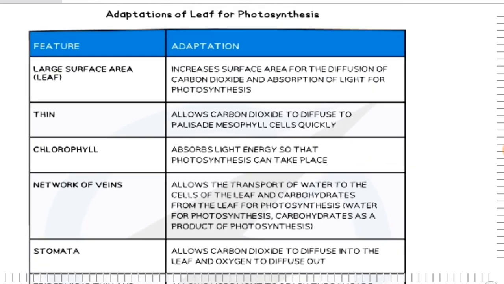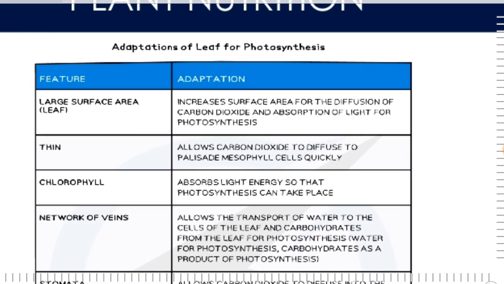Then next, we want to look at adaptations for photosynthesis. How are leaves adapted, how are they structured for photosynthesis? And so number one, the leaf has a large surface area.